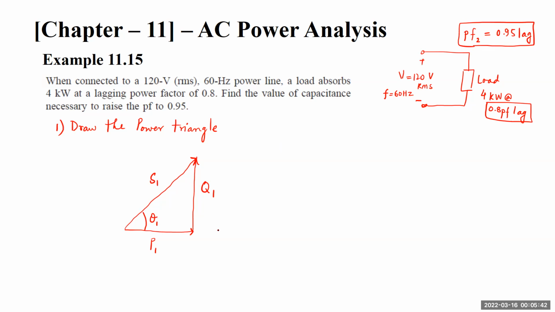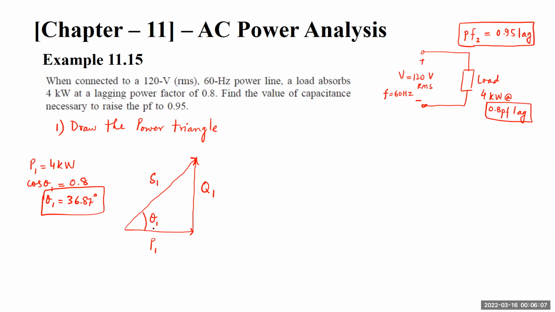Okay, so let's calculate this value. So P1, remember, is 4 kilowatts. Cos of theta1 is 0.8, so theta1 becomes 36.87 degrees.